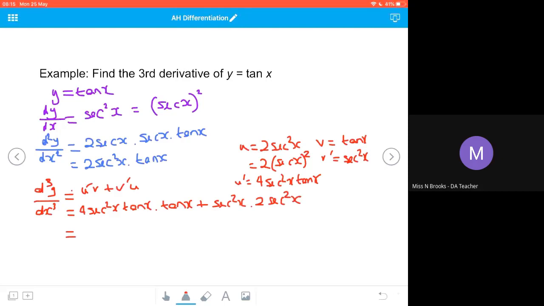So you can see that I've got a 2 sec x all squared that's common, so I've got 2 sec x all squared outside my bracket, and I'm multiplying that by 2 tan x all squared plus a final sec x all squared. So my d3y by dx cubed for my third derivative equals 2 sec x all squared times 2 tan x all squared plus sec x all squared.